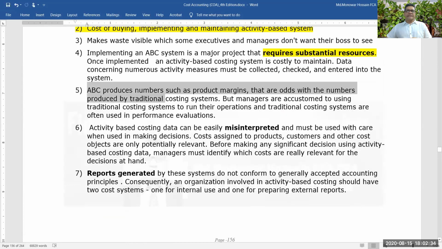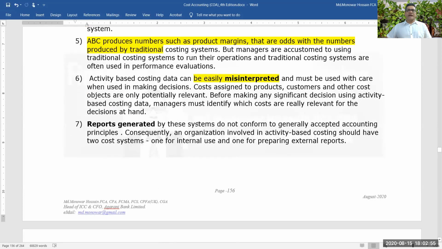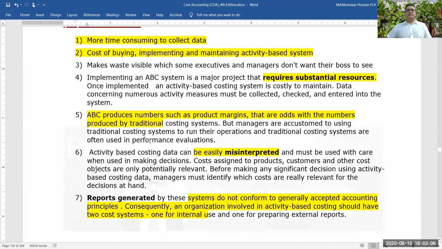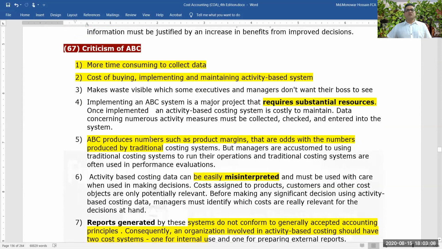Activity-based costing produces numbers such as product margins that differ from the numbers produced by the traditional cost system, and activity-based costing data can be easily manipulated, and reports generated by the system do not conform to generally accepted accounting practice. That is the criticism, but the main criticism is that it is more time consuming to collect data.